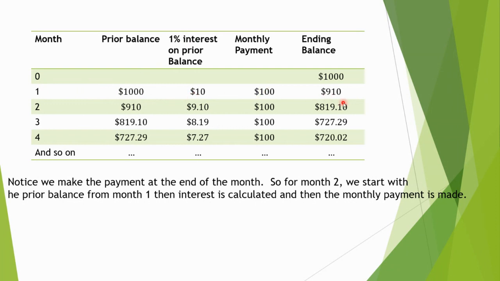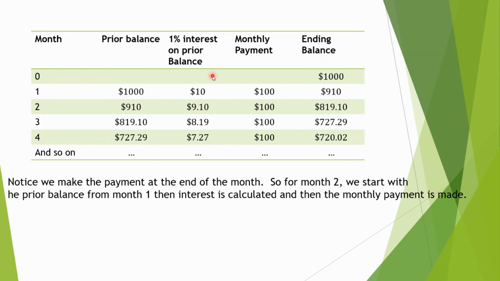But we also make our monthly payment. So at the end of month 1, the ending balance is $910, as you can see. Again, we made a $100 payment, but there's also $10 as interest.